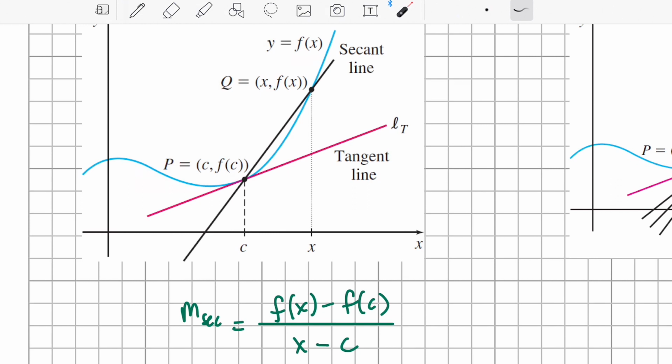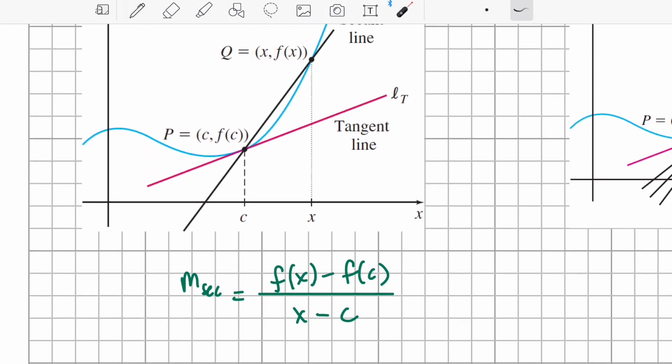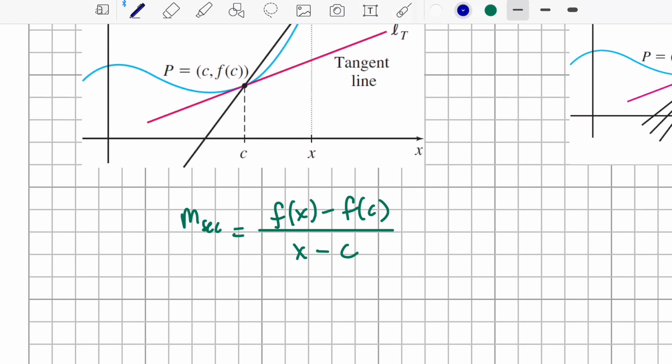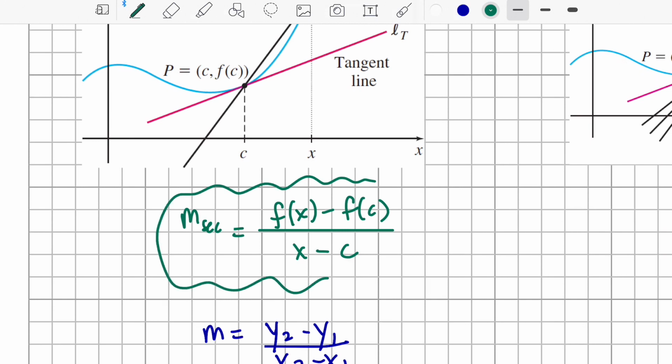Notice that this is x, this is c. So that is the slope of the secant line. But what I want you to notice is that this is the exact same thing as what you learned in Algebra 1: the slope of a line, the slope of the secant line.